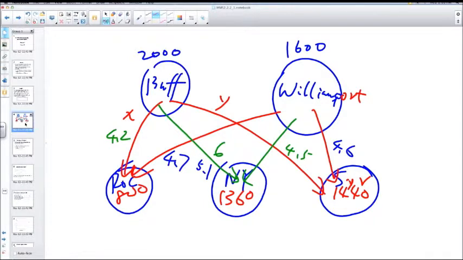Rochester needs 800 gallons per day, and Syracuse needs 440 gallons per day. And the total is 3,600, then the leftover is 1,360. This all goes to New York.